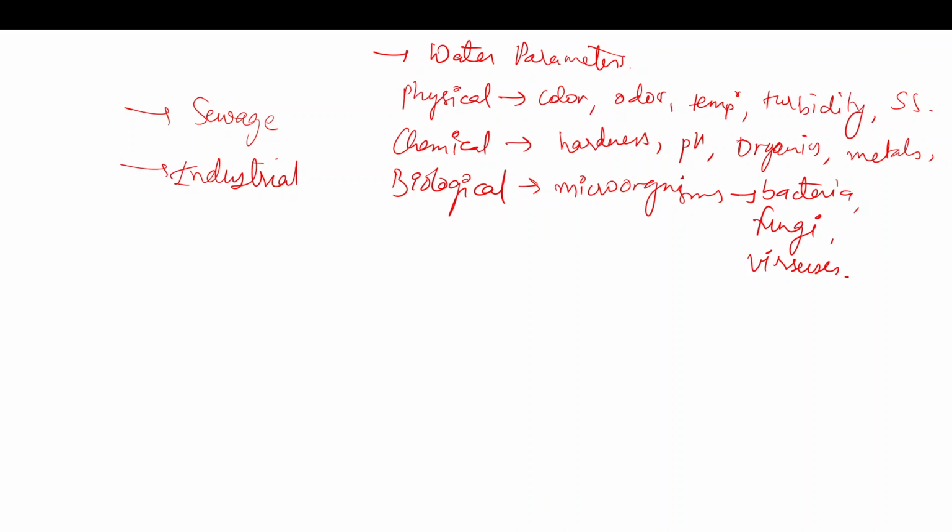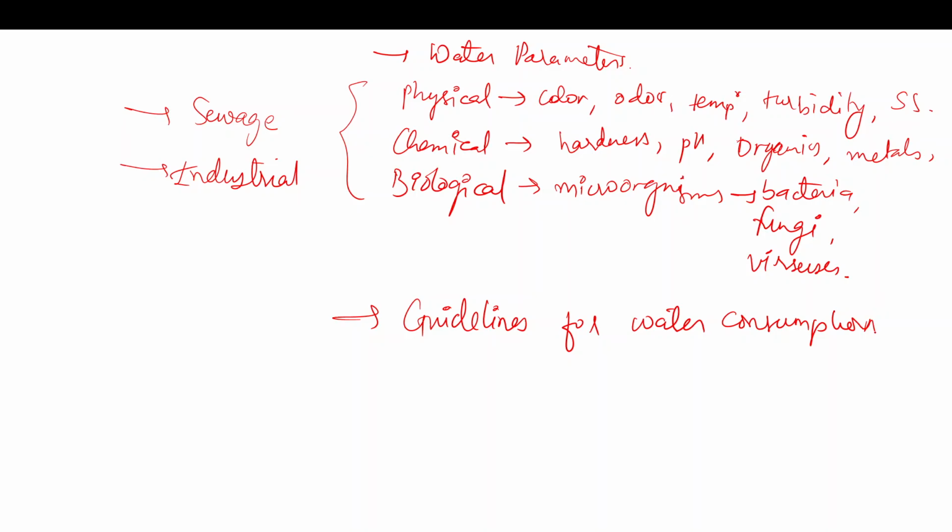So these are all the types of parameters that we might be concerned with when we want to have safe water. There could be different guidelines, for example guidelines for water consumption. All these parameters are checked, and depending on the application, they might have different guidelines. If the end use is for drinking, it will have some different guidelines. If the end use is for industry, it will have different guidelines.